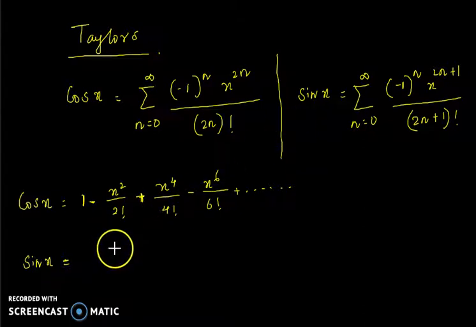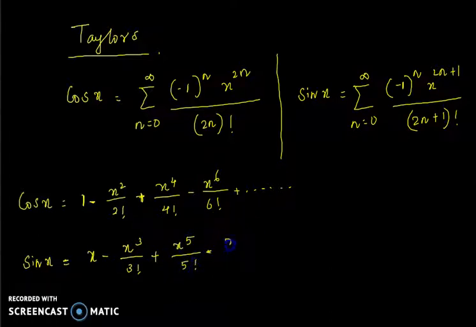So sin x, similarly, we can expand as x minus x cubed by 3 factorial plus x power 5 divided by 5 factorial minus x power 7 divided by 7 factorial. So it goes on. So we obviously wonder, when I add all these infinite series terms, does it produce a cos wave?